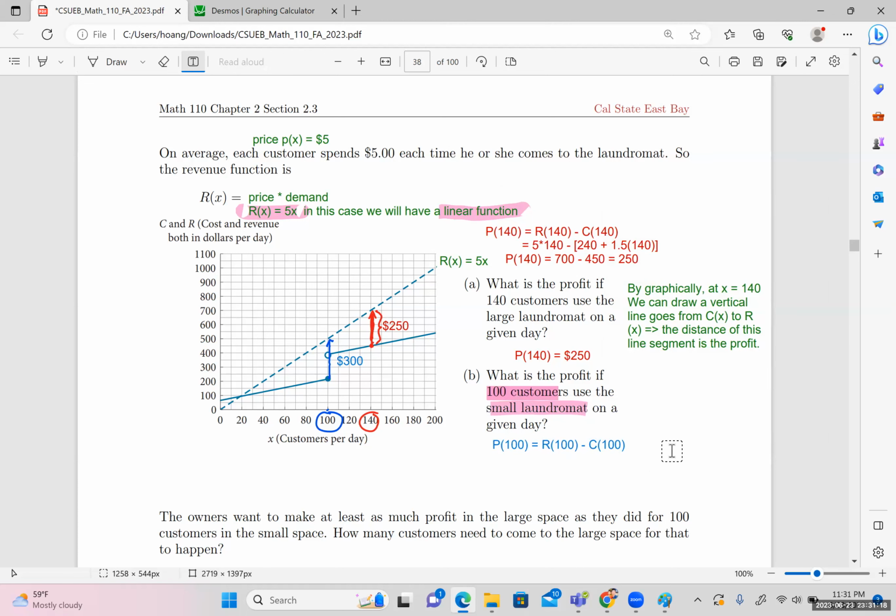So I will substitute. The revenue at 100 is going to be 5 times 100, because we have 5 times x. And then minus the cost at 100, which is the fixed cost 65 plus 1.5 times 100. I think we can calculate that, but let me check.